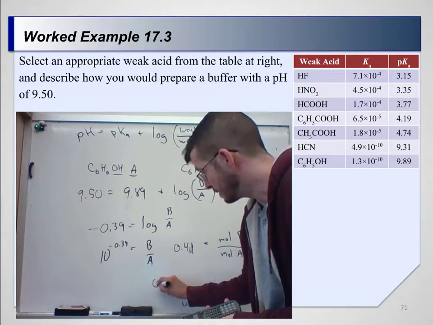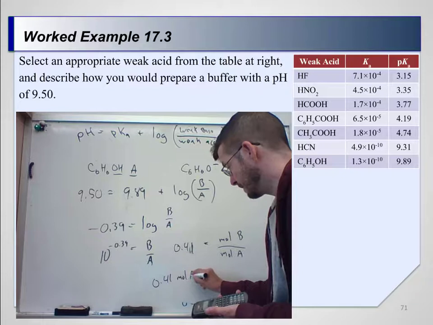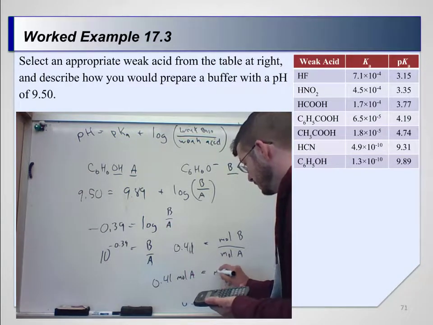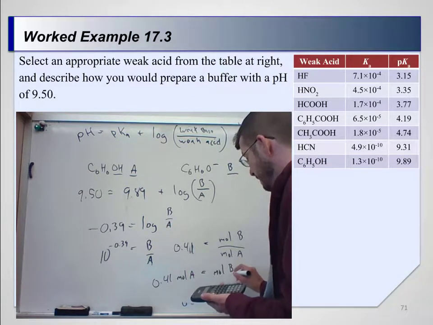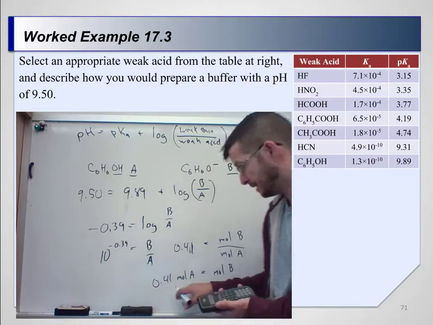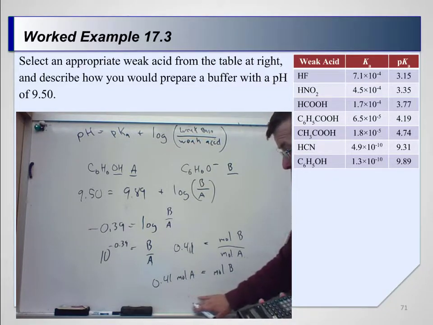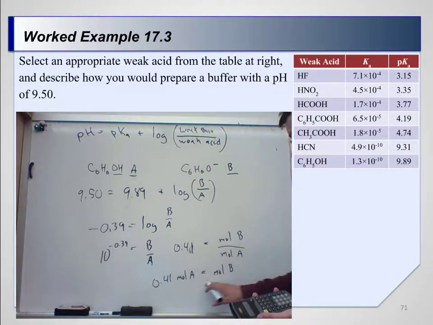Or, the moles of acid times 0.41 will equal the moles of base. There will be more acid than there will be base.